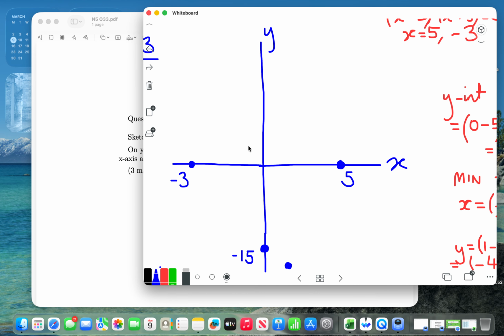We can now begin to sketch the parabola, and you don't have to be perfect at this, but you do need to get a smooth curve. It has to be smooth, it can't just be rigid. So something like this will do the job.